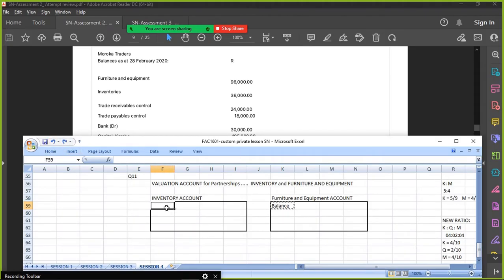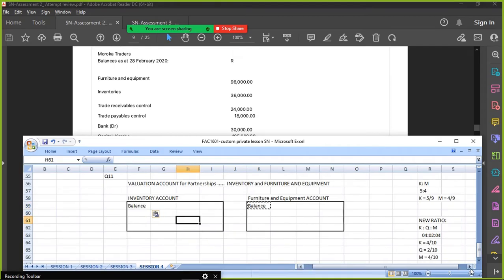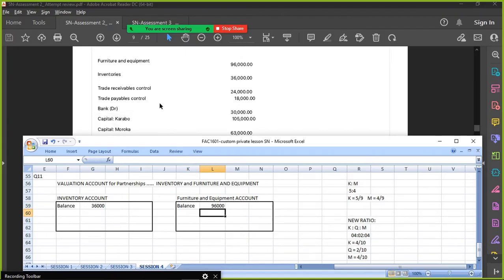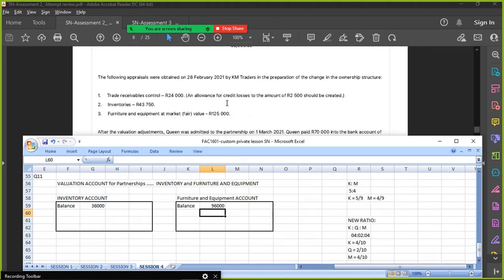The balance for inventory was 36,000 and the balance for furniture and equipment was 96,000. What else do we have in the question? There's nothing else there.